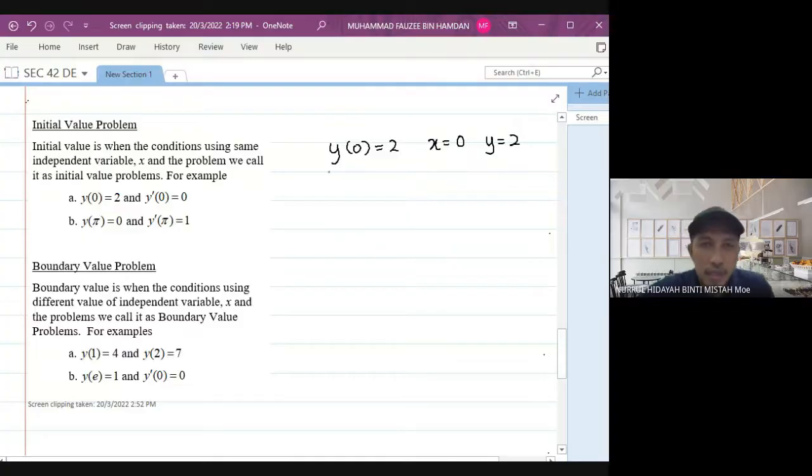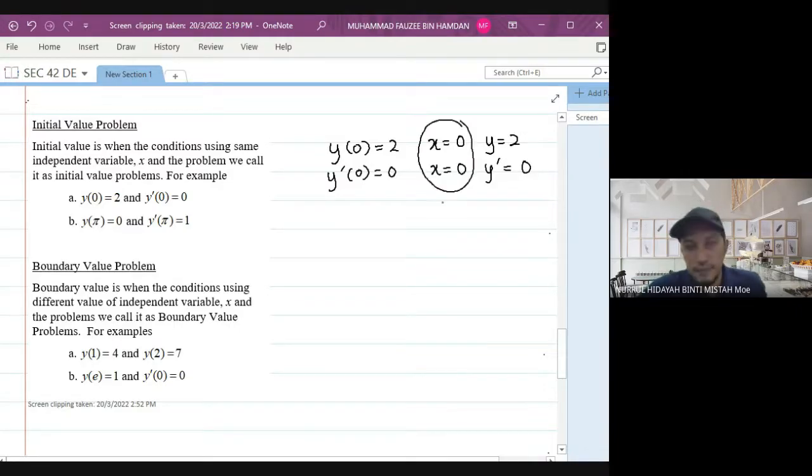Another one is y'(0) equal to 0, so x equal to 0 and y' equal to 0. We use the same value of the independent variable, x equal to 0. The second condition is also x equal to 0. So we call this an IVP, initial value problem.